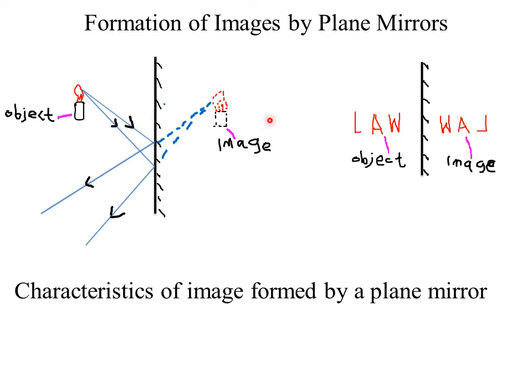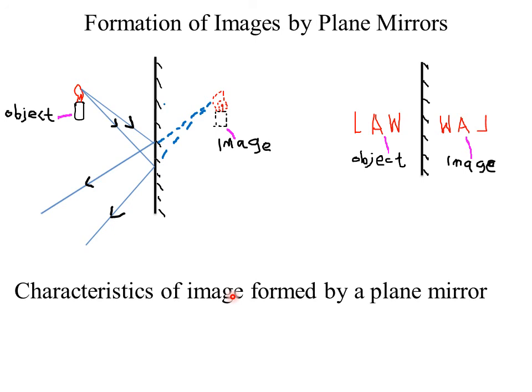So maybe just to give you a recap, we have said that we have 3 properties or characteristics of images formed by a plane mirror. One is that the image is as far behind the mirror as the object is in front of the mirror. Another way of saying the same point is that the image distance equals the object distance.